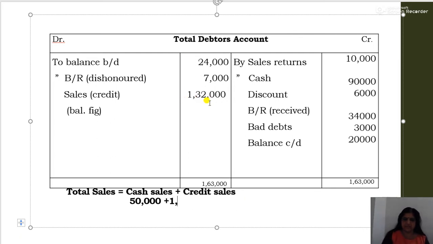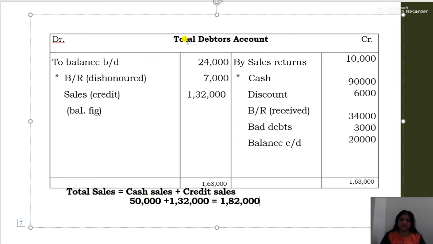So 1,32,000 plus 50,000 comes to 1,82,000. Okay, hope this is clear.